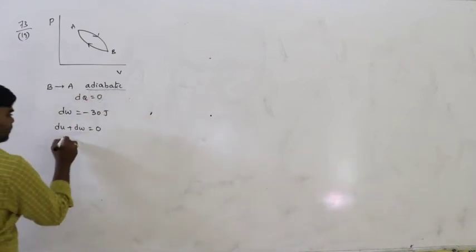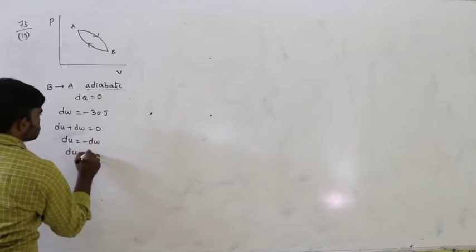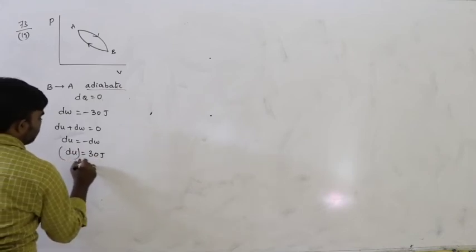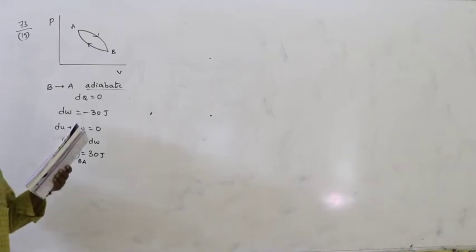That's why dU is equal to minus dW, so dU is equal to 30 joules, minus of minus 30. So the change in internal energy for BA is equal to 30 joules.